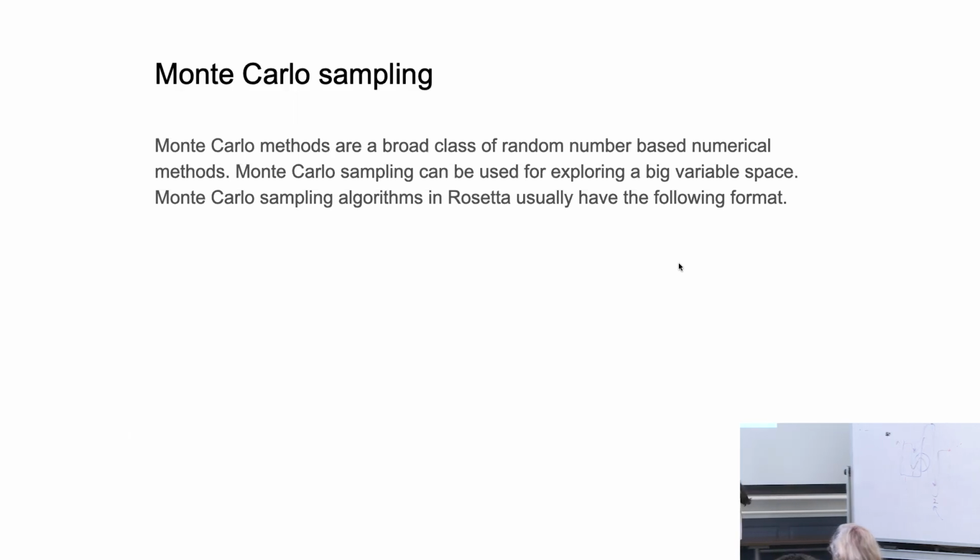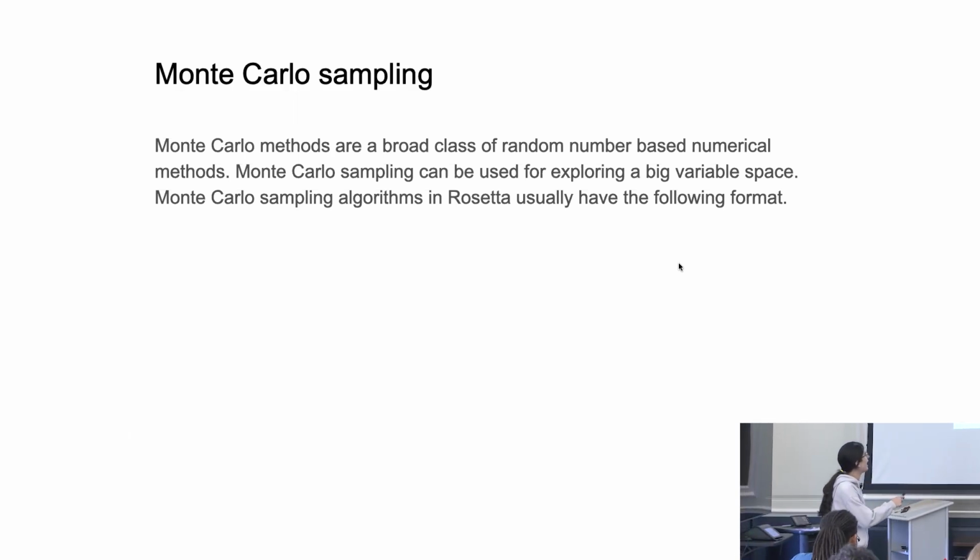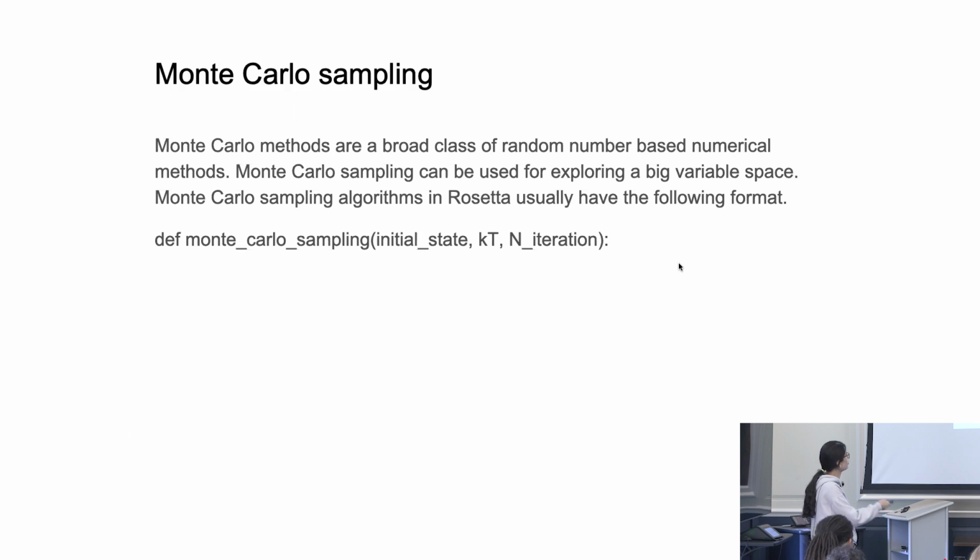Monte Carlo based methods essentially have some randomness in terms of how you're sampling through the space, and we talked about having random points of entry to the energy barrier, and also when you're searching through, let's say, the Rosetta energy landscape, you're going to have some parameter for temperature.